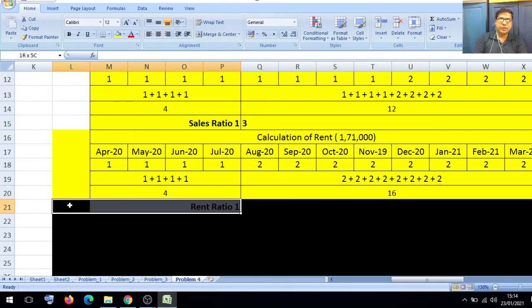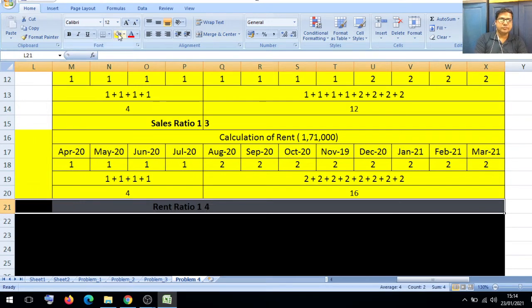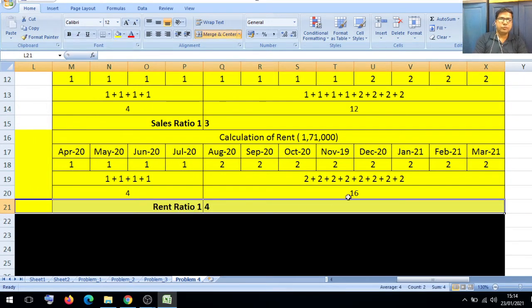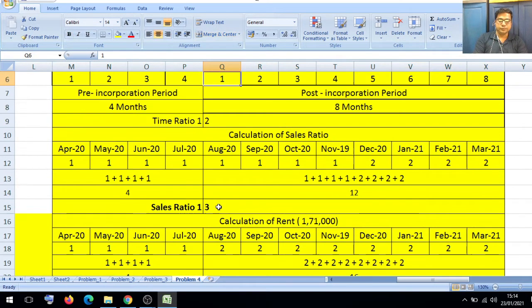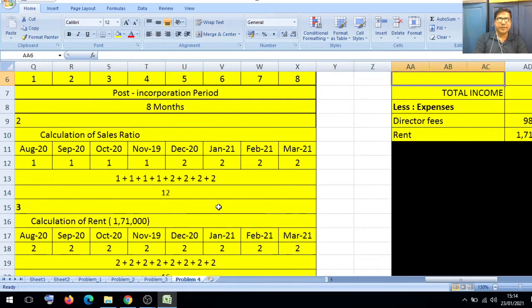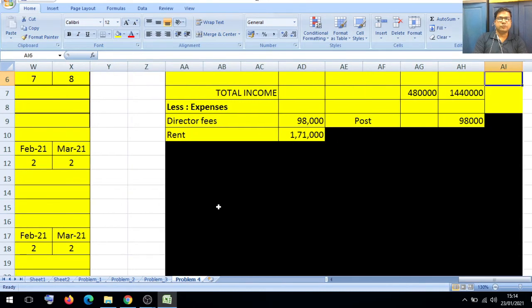Now we have to divide again: 4 ones are 4, 4 fours are 16. So rent we will allocate on the basis of 1:4 ratio.